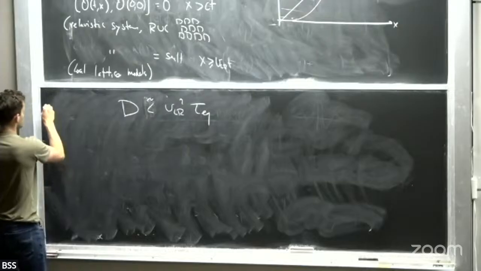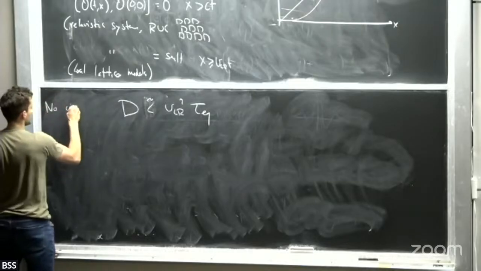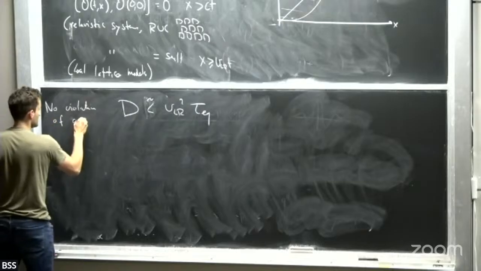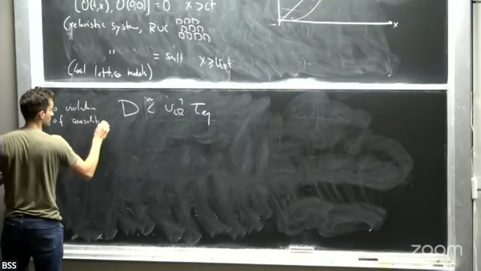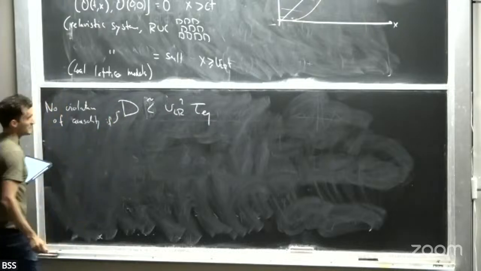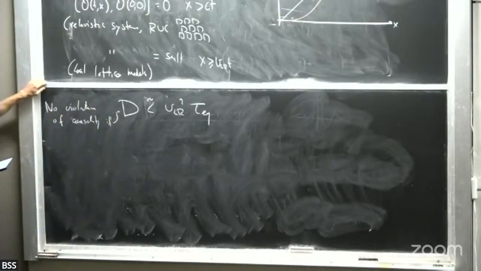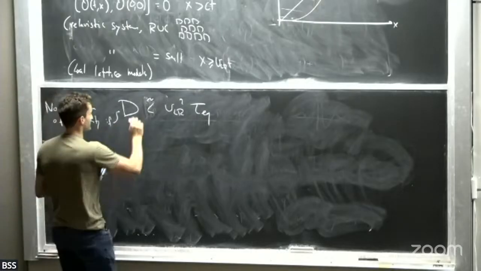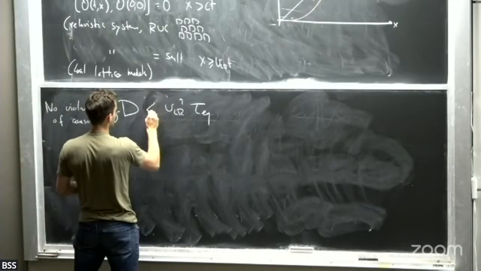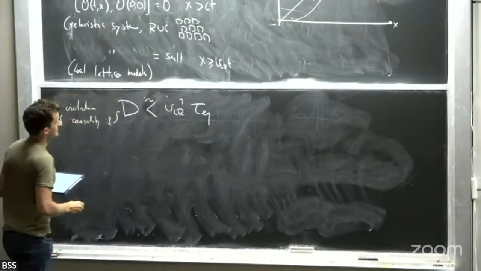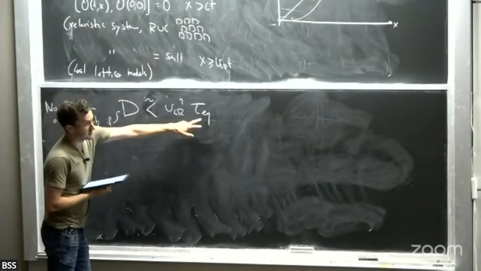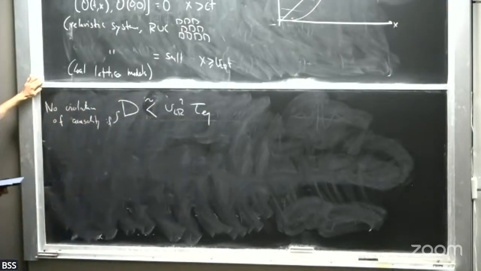So there's no violation of causality if the diffusivity satisfies this inequality, where I put the Lieb-Robinson velocity times the timescale at which diffusion emerges.